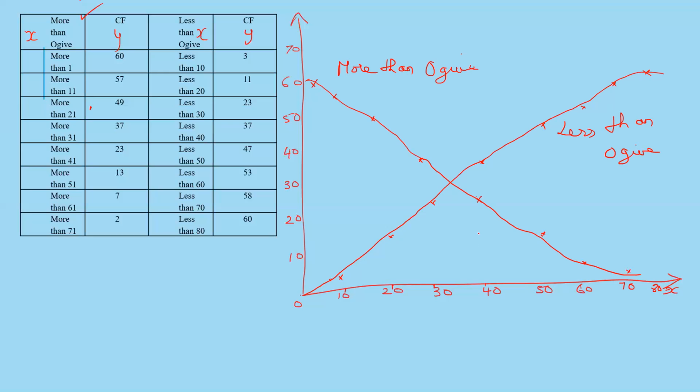So that's it. If you are asked to calculate the median, you can just connect it here, and this will be the median value. So this is how we solve the ogive problem.